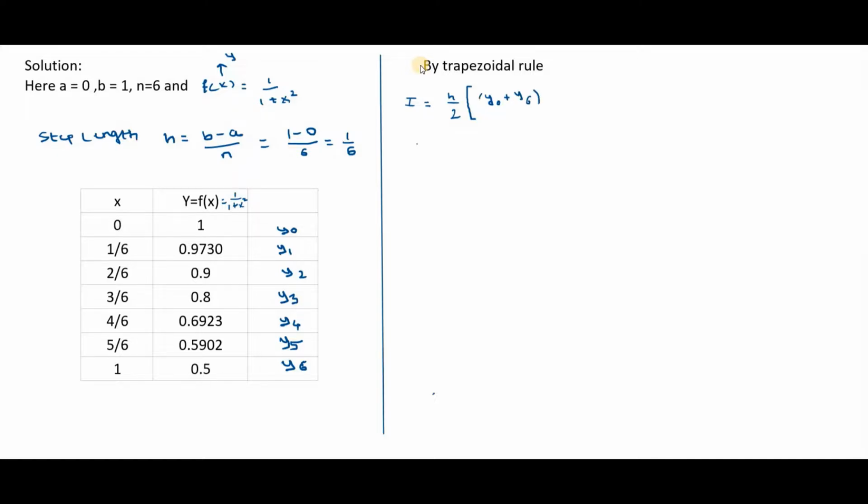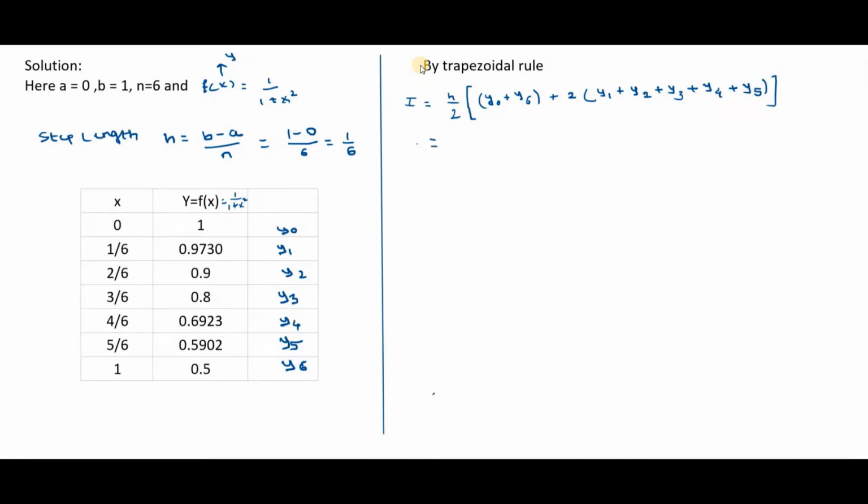So I will write that is y0 plus y6. The rest of the terms are repeated 2 times. So 2 times y1 plus y2 plus y3 plus y4 plus y5. So this is the trapezoidal formula for 7 terms.